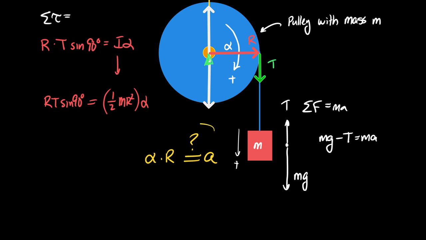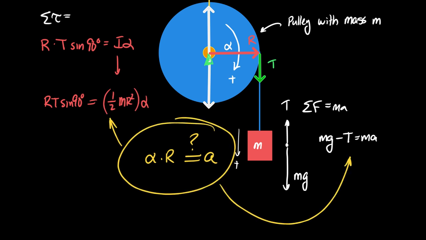If it does, you can use this relationship to link these two things together. That's how you solve these problems. So the last thing is, point 5, does A equal alpha times R? That's how the problem is solved.